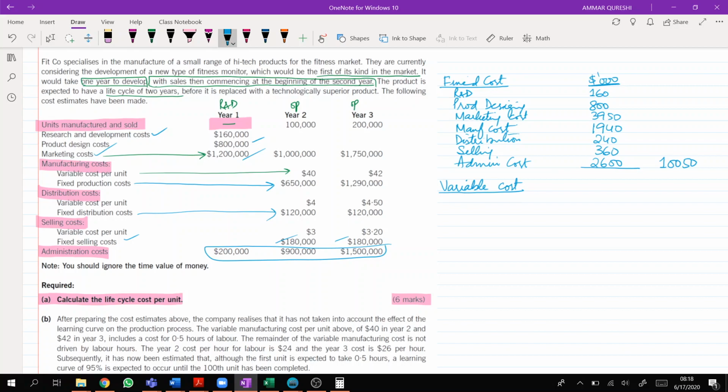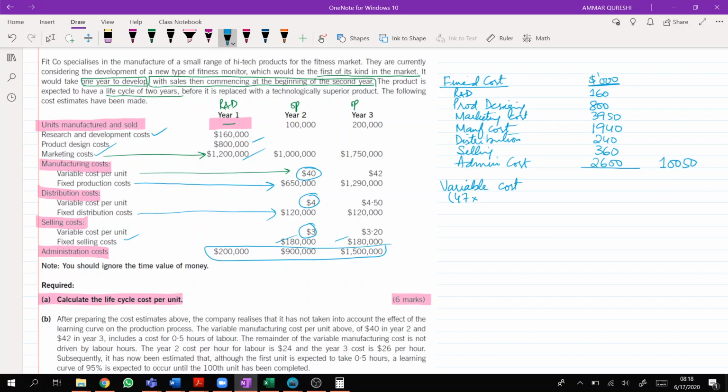So $40 is variable production cost, $4 is distribution cost, and $3 is selling cost. We will manufacture and sell the same units. That means variable cost will be 40 plus 4 is 44, and 3 makes 47.